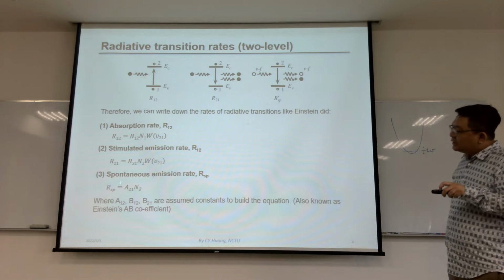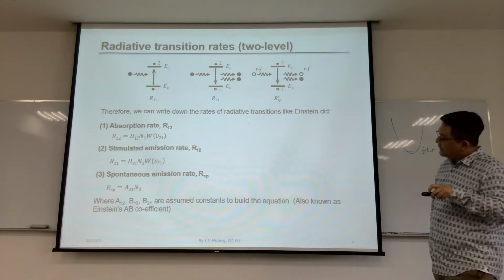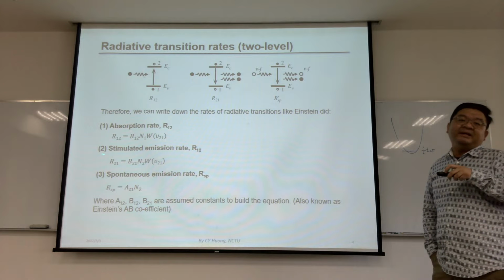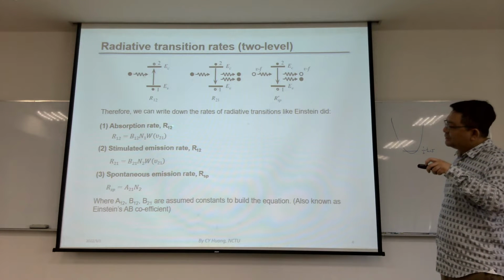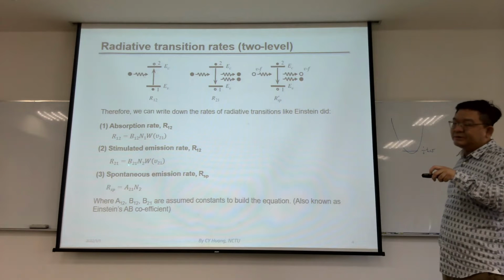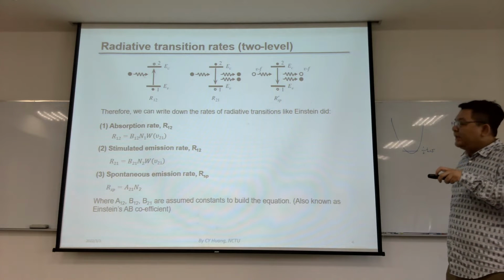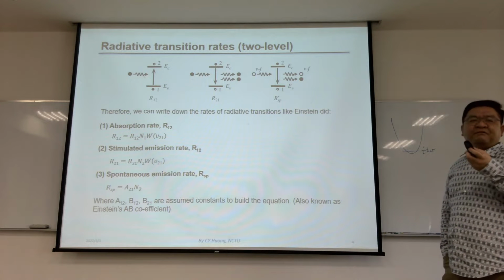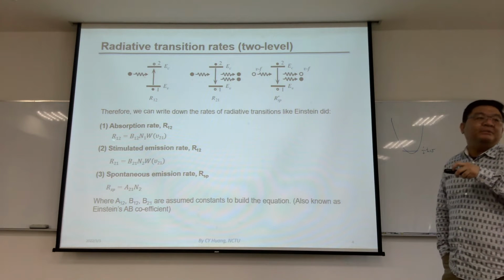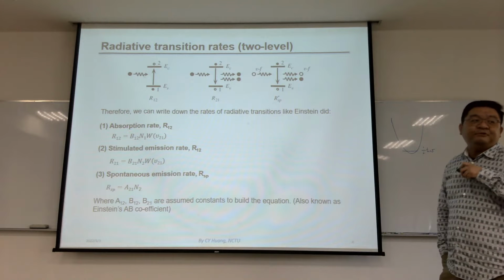According to the naming, you see that Einstein probably already had some bias in his calculation, since the absorption rate and the stimulated emission both use the letter B, and the spontaneous emission uses the letter A. That means he already thought these two are pretty similar, and this one is different from the other two.